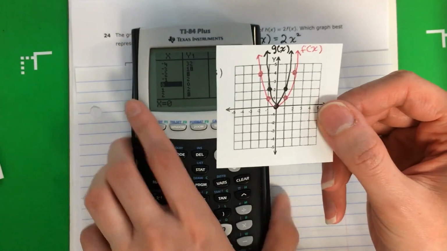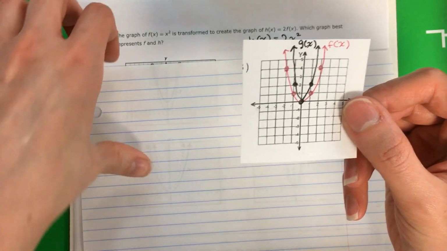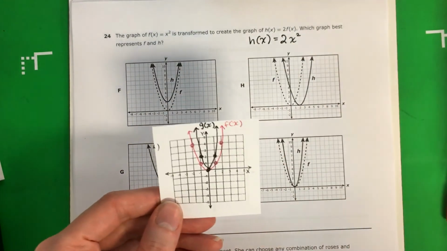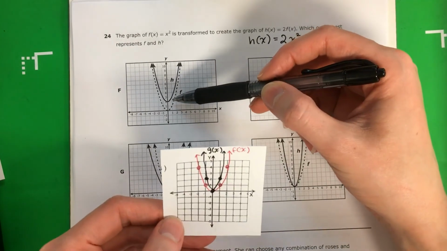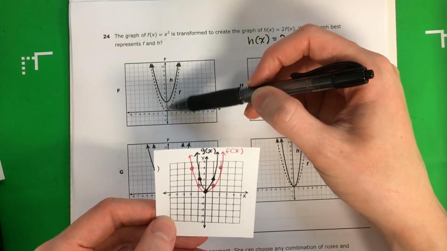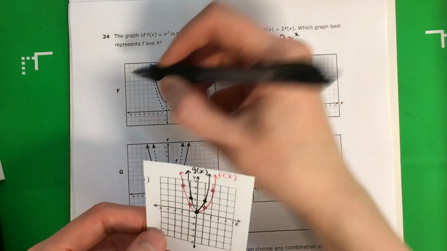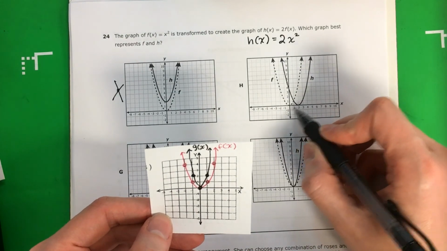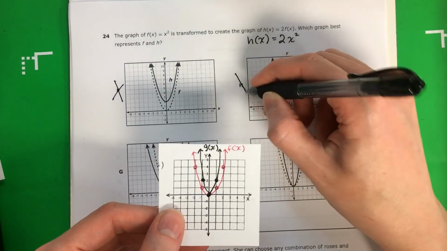Okay, so let's go ahead and see which one gives me something like this. So does that look the same? No, because this should be touching the 0. Is this the same? No, because it's moved to the left instead of being inside.